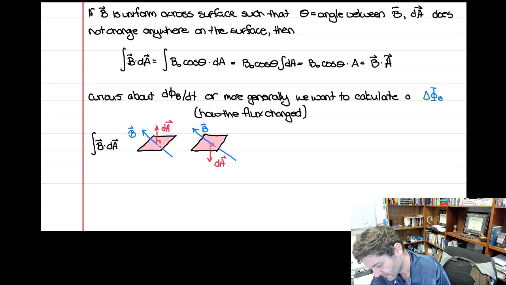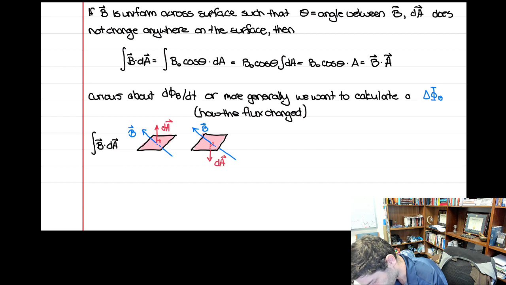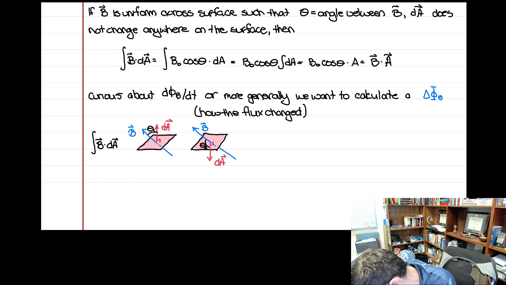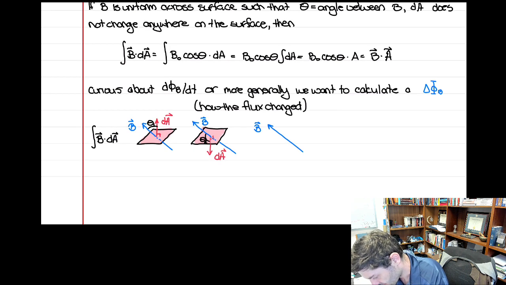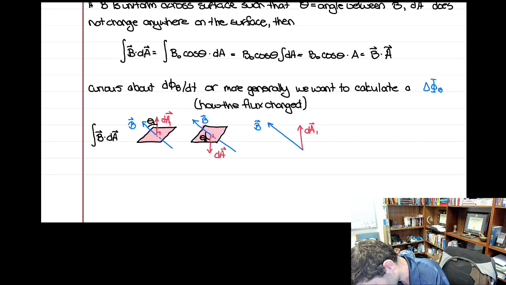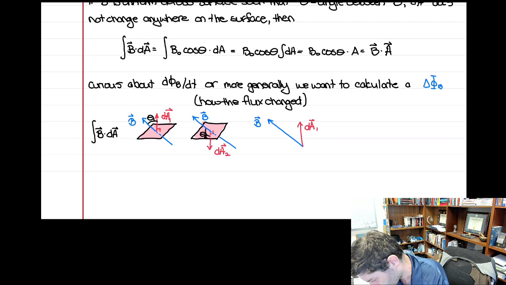So in this case, it's all in that cosine factor. So here's the angle between these two vectors. Then this one has an angle that's much larger. I'll call this theta 2 and this theta 1. If you stare at it long enough, let me just copy the magnetic field line. And then if I had dA, I'll call it dA1, and then this dA2, then this angle is called theta 1.